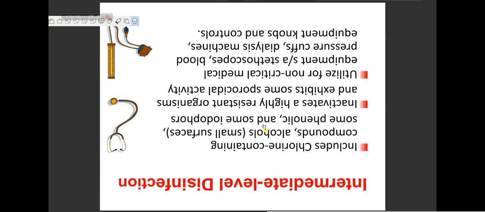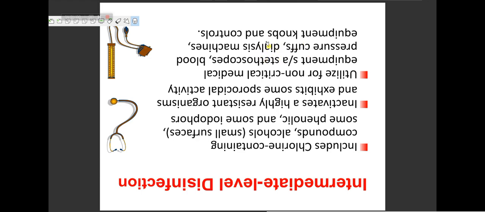And here is intermediate level, which includes chlorine containing compounds, alcohols, phenols, and some iodophores. Intermediate level disinfection will inactivate highly resistant organisms and exhibits some sporocidal activity, right? It is utilized for non-critical medical equipment like stethoscopes, blood pressure cuffs, dialysis machine equipment, knobs and controls.